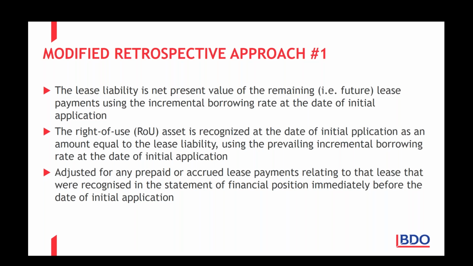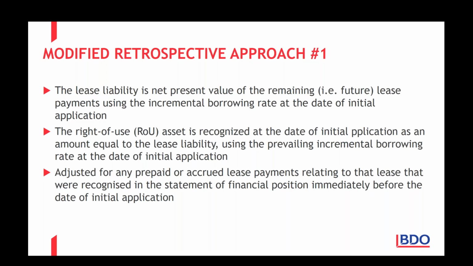So what am I saying there? If you currently have operating leases under the existing AASB 117, you would have worked out an even operating lease expense over the period of the lease. And in order to work it out and to make it happen, you would have booked an accrual or a prepayment, which you would have adjusted over the period of the operating lease.